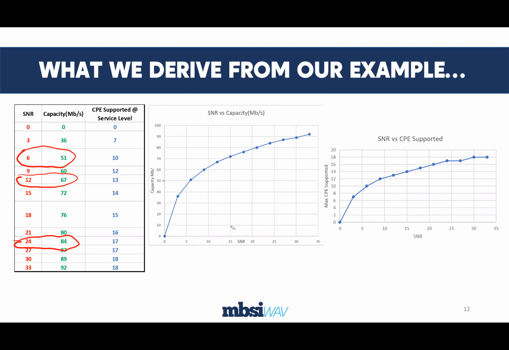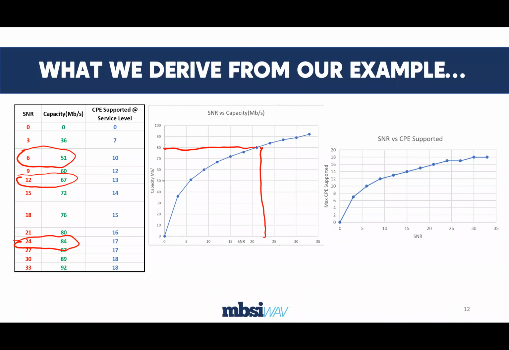If I increase that average signal to noise ratio, in other words, I'm not going to connect some of the lower signal to noise ratio customers to this sector. I'm going to build another site or connect them some other way so that their signal to noise ratio is higher. If I was at, say, 22 dB SNR, somewhere up there, then you can see that we're at the 80 megabit line on this particular network.